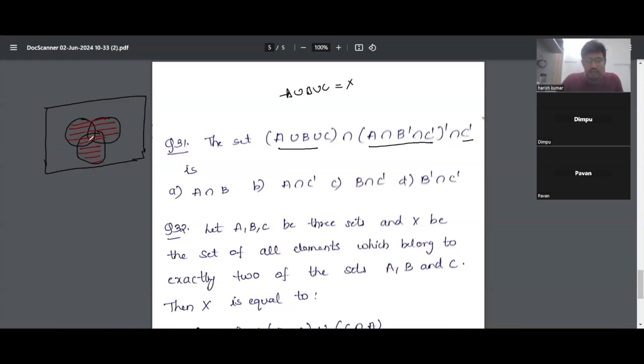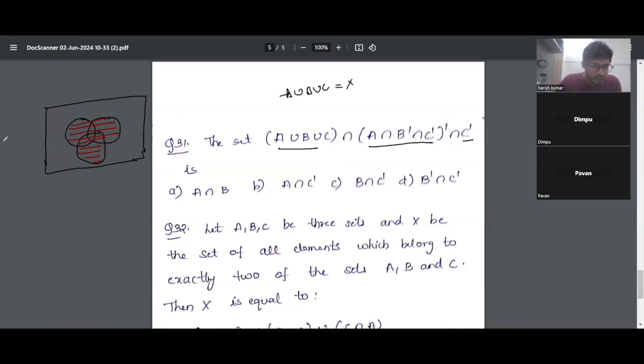Now the best thing about this question is he's asking for the intersection, and intersection means I have to take the common thing. So before I calculate A intersection B complement intersection C complement, first I'll draw C complement because that is easy for me.